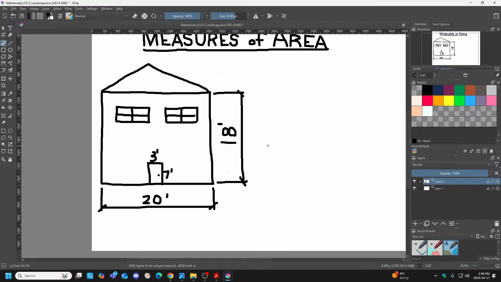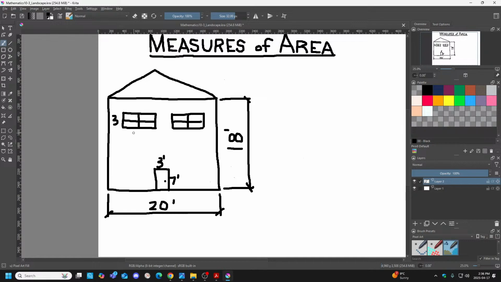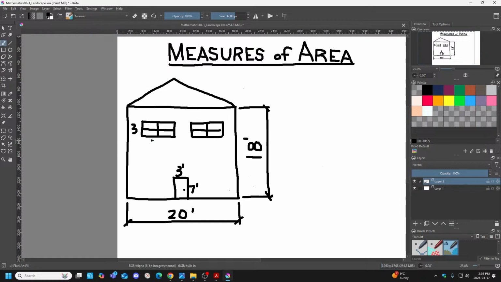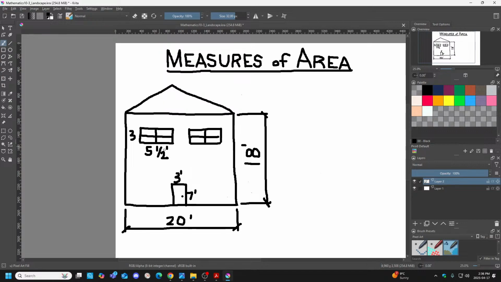All right. Okay, and each window is 3 by 5 and 1/2 feet. Okay, and both windows are the same, okay?